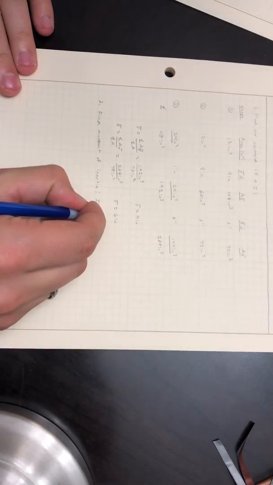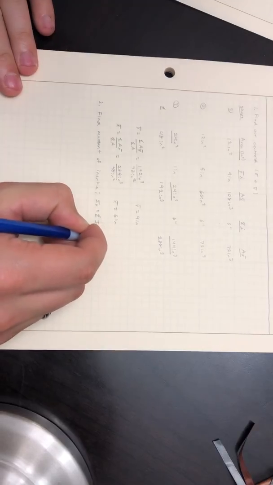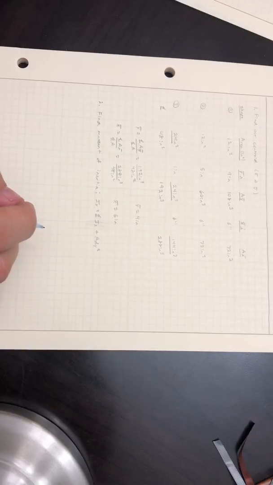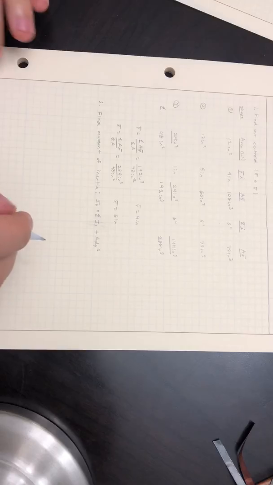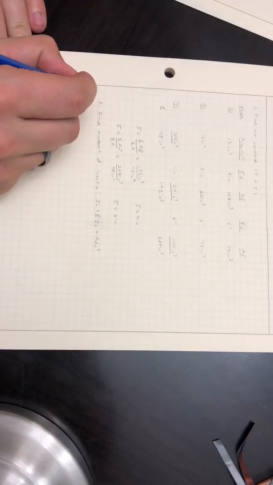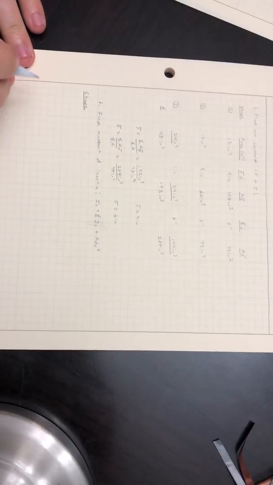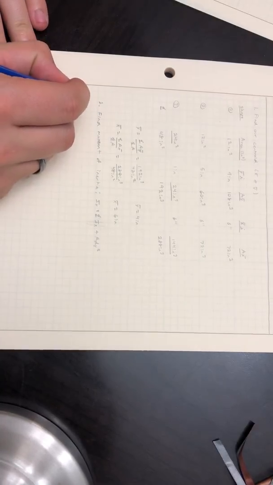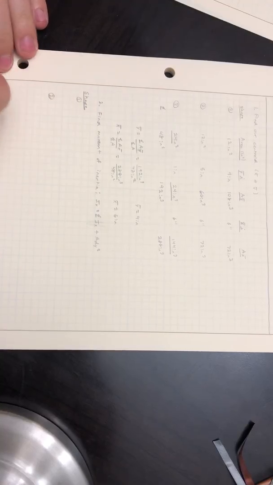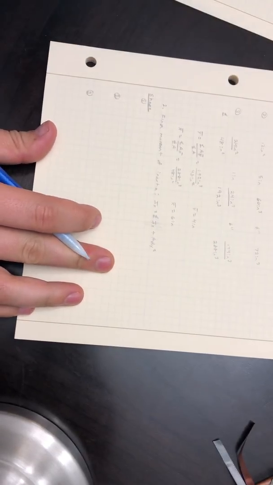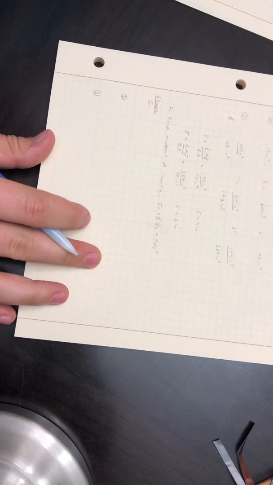Ix is the sum of the inertias plus A d y squared. Yes, actually that is right. So, we need to do our shapes. So we got shape 1, shape 2, and shape 3.